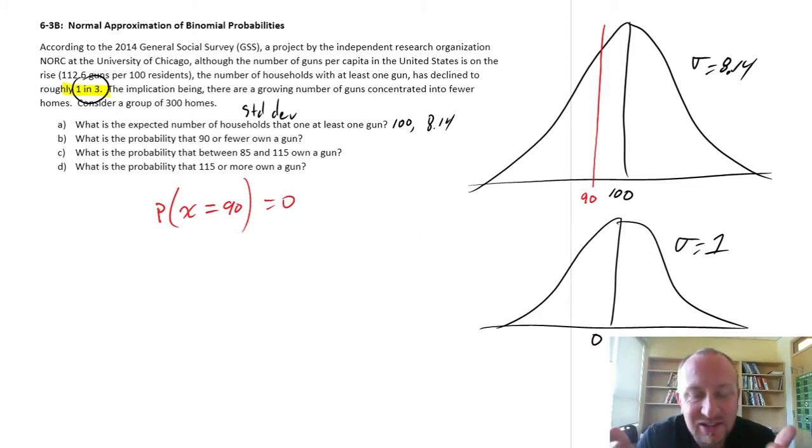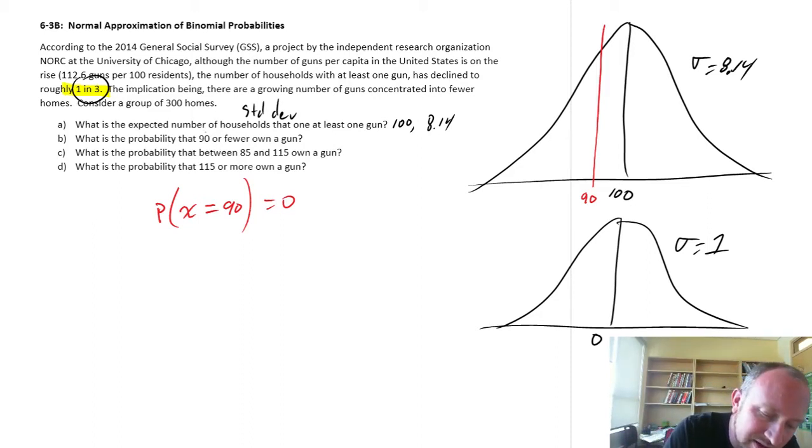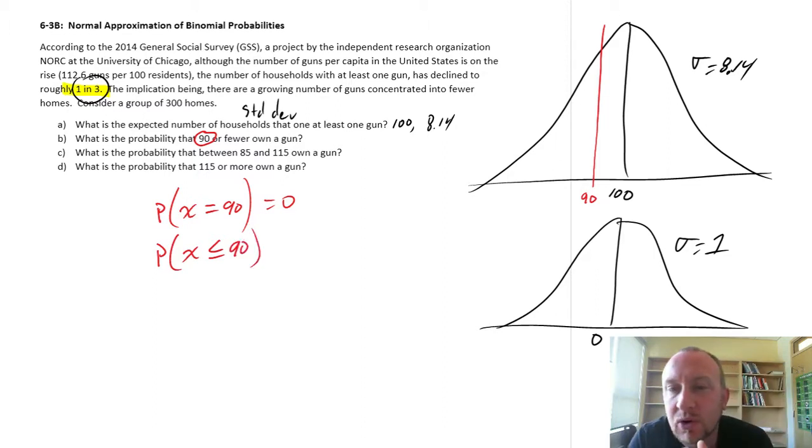So in this case we want to include exactly 90 or fewer. We want the probability that it's exactly 90 or less, so we have to ensure that our calculation includes the 90. Otherwise it won't be a fair estimate.